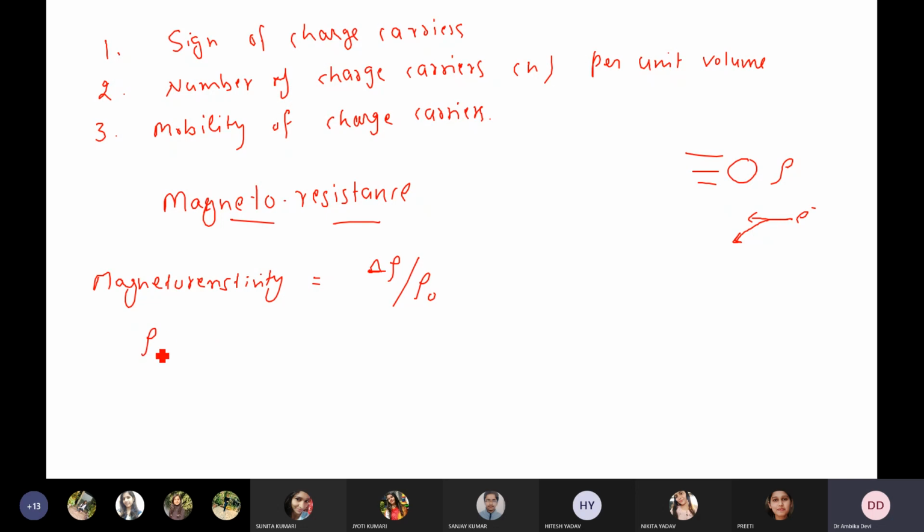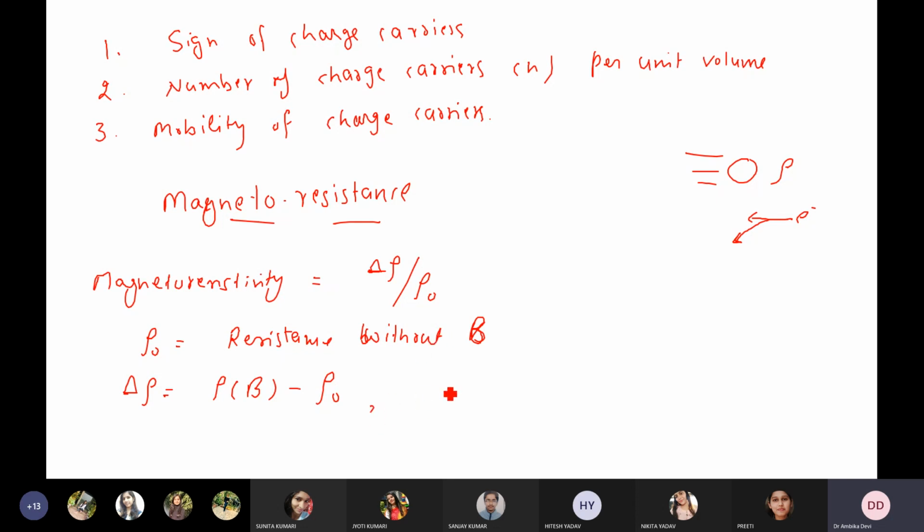Here rho naught is the resistivity without magnetic field B, and delta rho is the change in the resistivity in presence of magnetic field and in the absence of magnetic field. So delta rho is the change in the resistivity, and rho naught is the resistivity at no field, when there is no magnetic field.